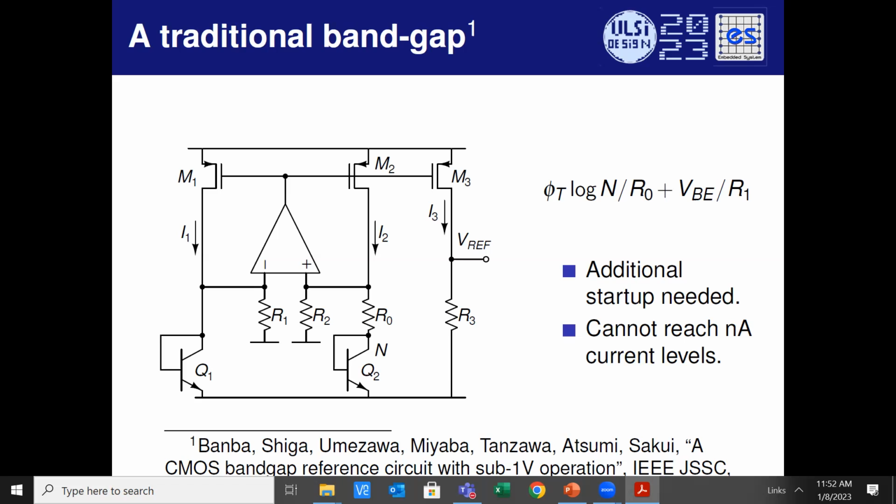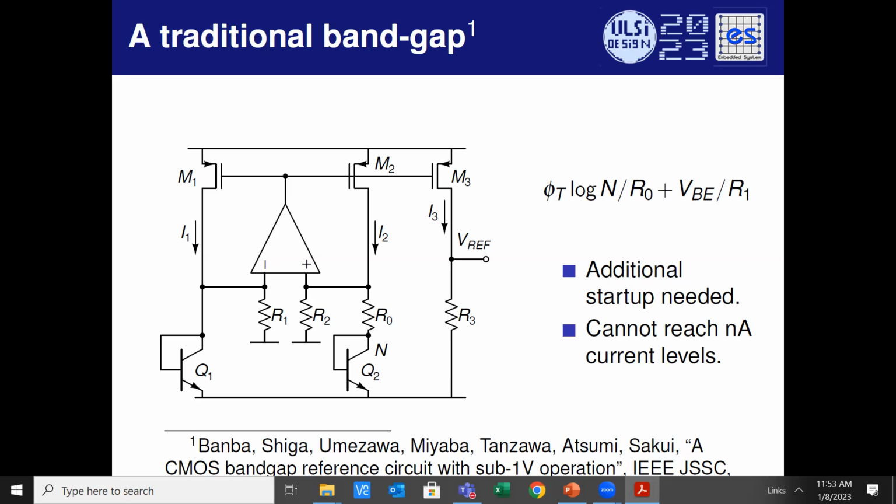There is also one more problem: you can't afford to not burn power. For example, this requires quite a bit of power consumption, right? If I want to target, let's say, a nanoampere, you can't do it. So these are some of the standard problems with band gaps.